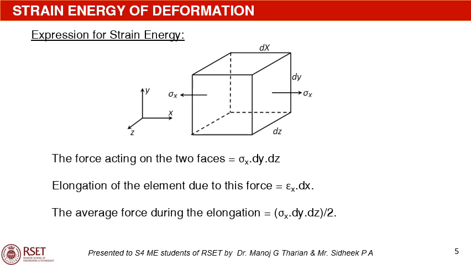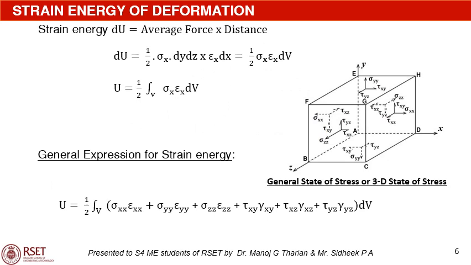The force increases from 0 to sigma x into dy into dz during the elongation. So, the average force during the elongation is given by sigma x into dy into dz by 2. We know that the work done is given by average force into distance.